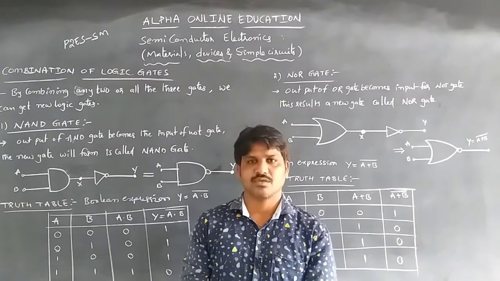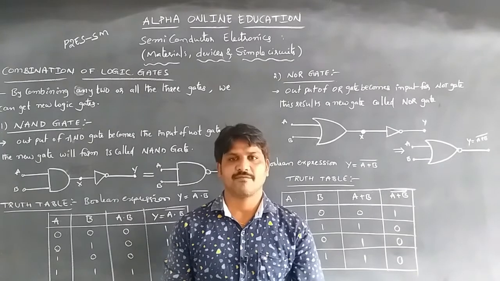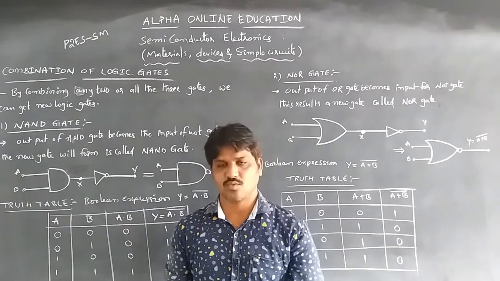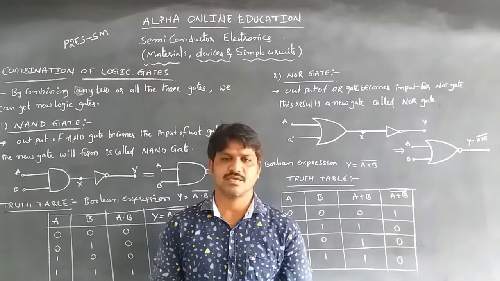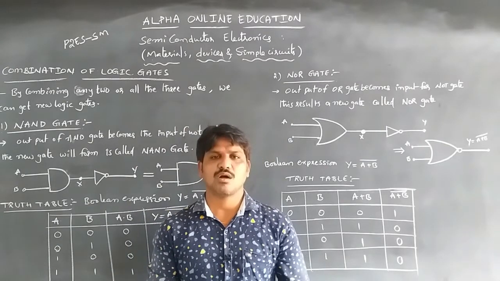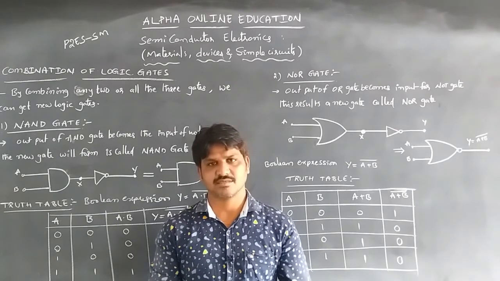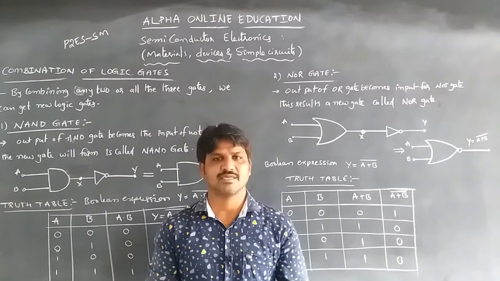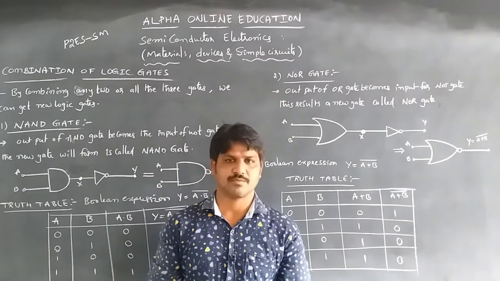So the next topic is the combination of logic gates. What is meant by the combination of logic gates? Here, two or all three of the gates are combined, meaning connected, and then a new logic gate is formed.